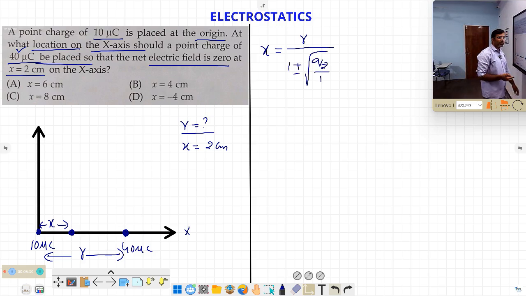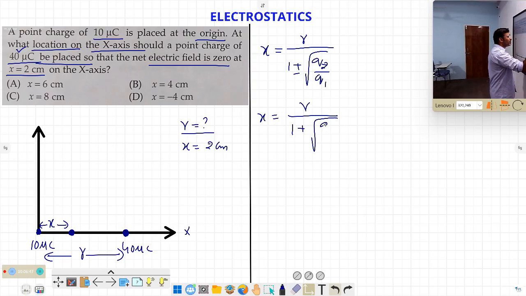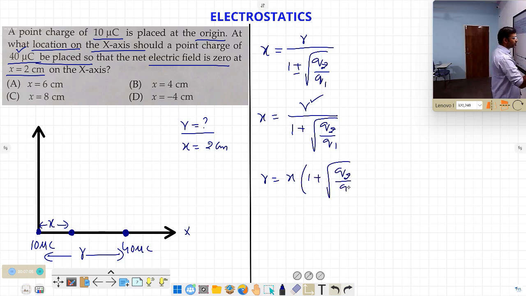They are asking for r, so r is equal to x into 1 plus under root of q2 by q1.